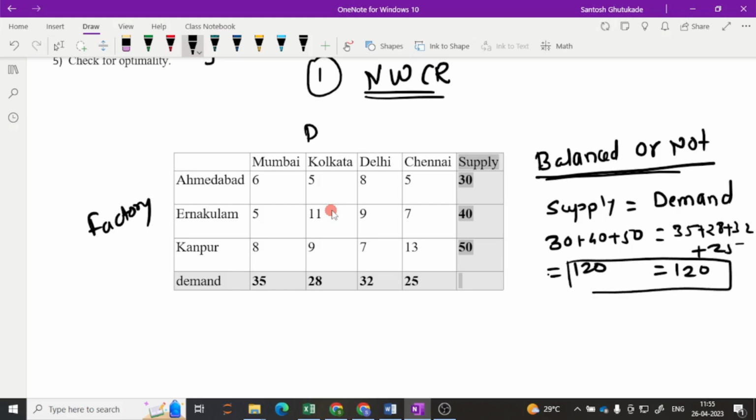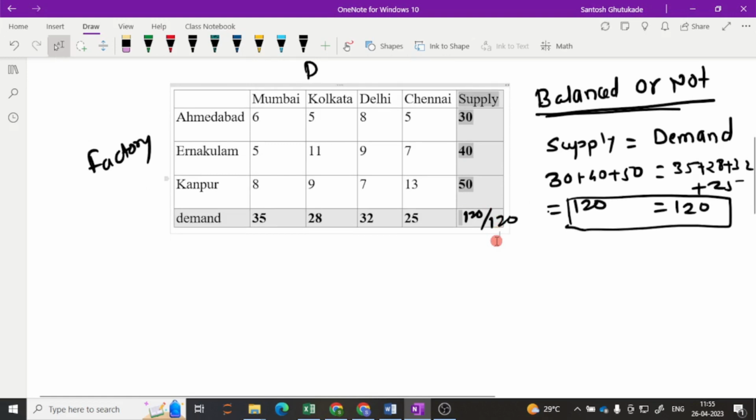So supply is equal to demand, so this is a balanced problem. Here we can write 120 as supply and 120 as demand. Now we can solve this problem by the northwest corner or any initial basic feasible solution method. If it is not balanced, then we have to add a dummy row or dummy column, which we will see in upcoming lectures on unbalanced problems.